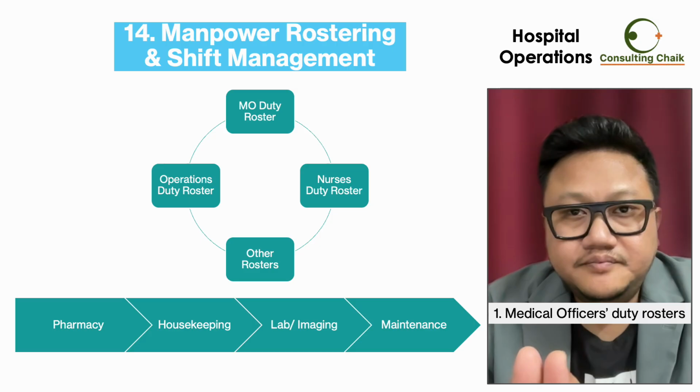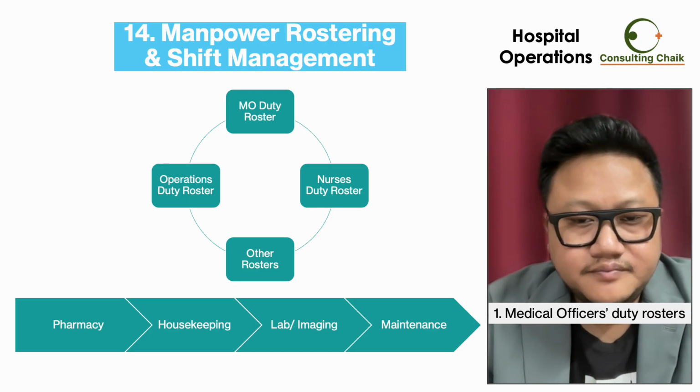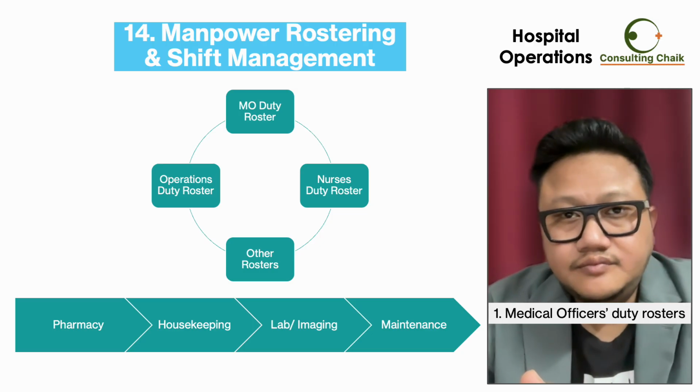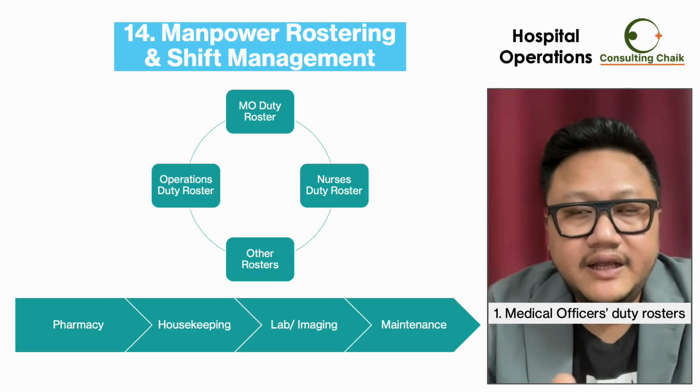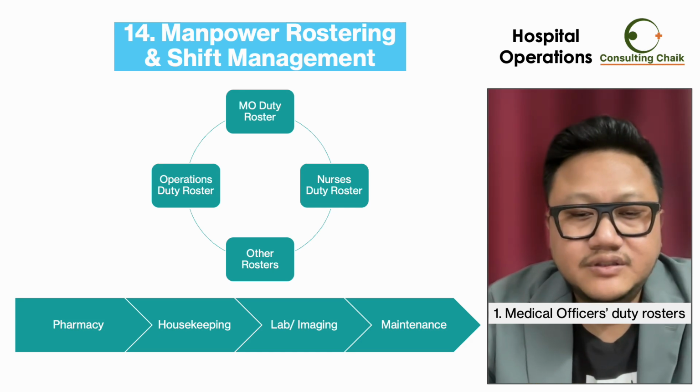So in general, 12 to 15 patients per medical officer is the general ratio. It should not be more than that, otherwise it gets very difficult for the medical officers.